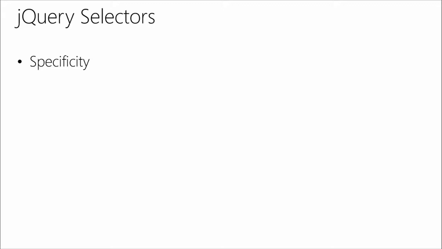If we go just willy-nilly selecting stuff without any thought at all, we could be grabbing too many elements, or we can be supplying to jQuery maybe not the best selector that would do the job the best way, and it might make it a little bit slower because of what we pass to it. So we want to get specificity down and know how things work with both CSS and the DOM to be able to select things with precision. That's an important factor as well with jQuery. So we'll talk about all of that in this chapter.